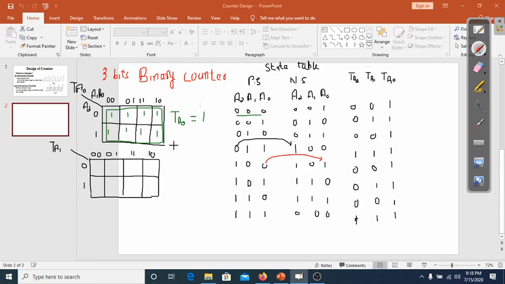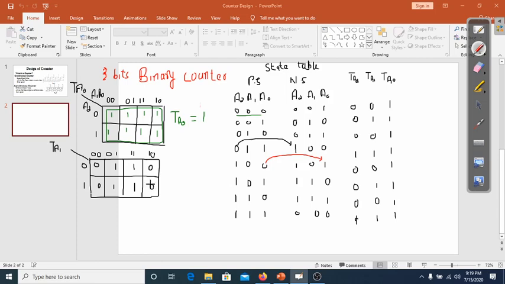Here you can see when the combination is 0 0 0, TA1 is 0. For 0 0 1, it is 1. For 0 1 1, it is 1. For 0 1 0, it is 0. For 1 0 0, it is 0. For 1 0 1, it is 1. For 1 1 1, it is 1. For 1 1 0, it is 0.